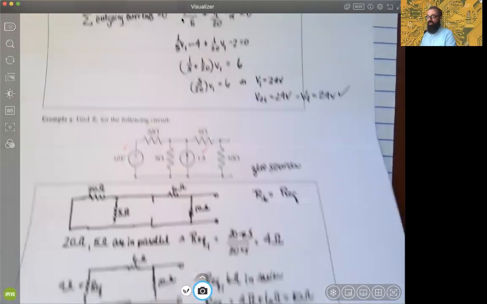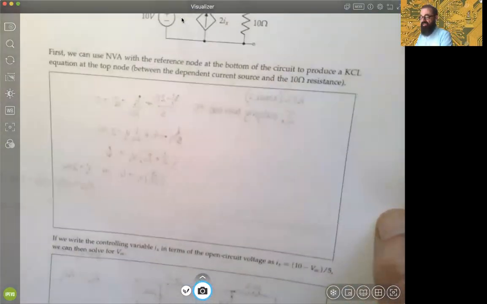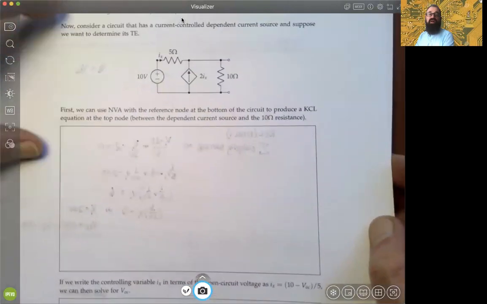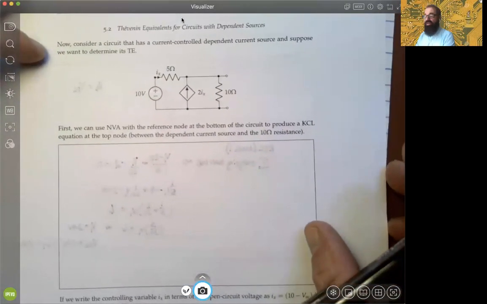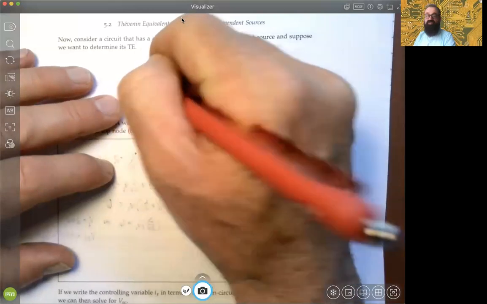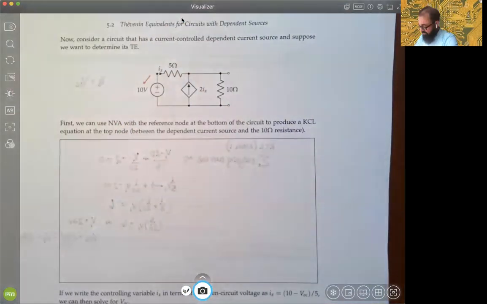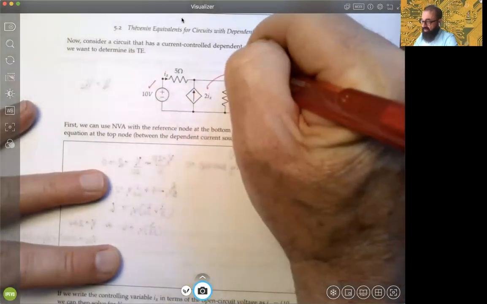Now let's keep moving on to page 71, and let's look at the case where we actually do have dependent sources, okay? So this is finding equivalence, but now the issue is you may have independent sources, which in this case, the 10 volt in this problem here, the top of page 71, is definitely independent, but this is a dependent source, right?